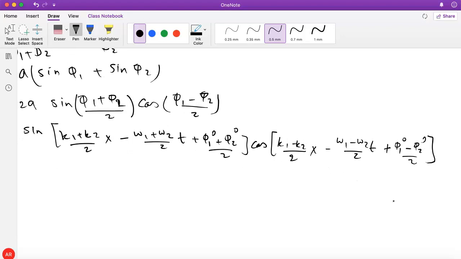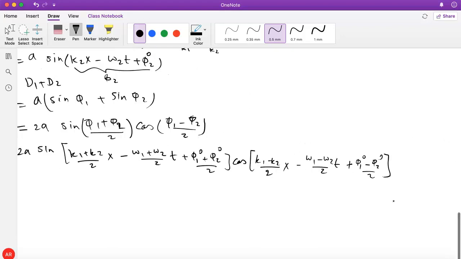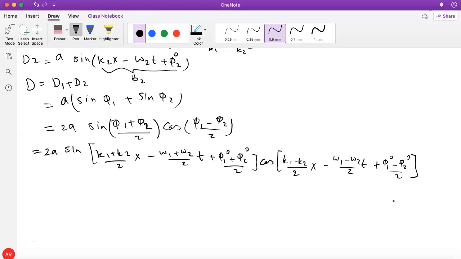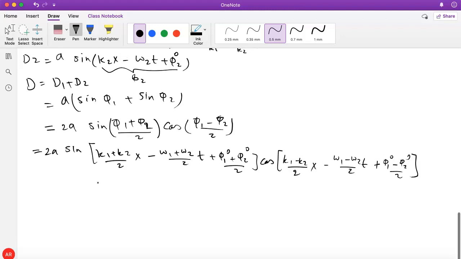All right, so that's the superposition. It's a product of two waves, both of which are propagating at the same speed v, which makes sense, right? You have two waves, each propagating at the same speed v, and they form a pattern, so that whole pattern must be shifting forward at some speed v.